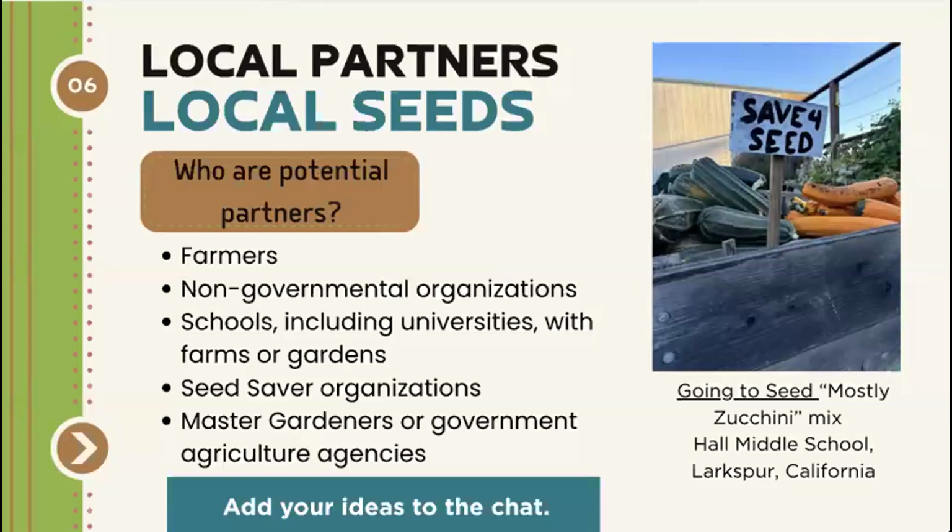Someone mentioned Master Gardener certification. Someone saying local conservancy organizations. They all sound like good ones. Someone else said botanical gardens. Botanical gardens, yes. Someone else said they have a local organization called Plymouth Pollinators. So just looking for who's in your community that you could partner with.